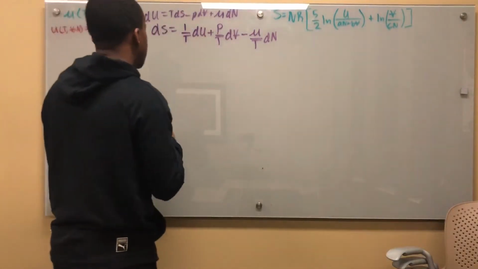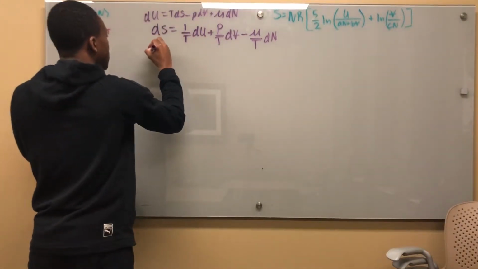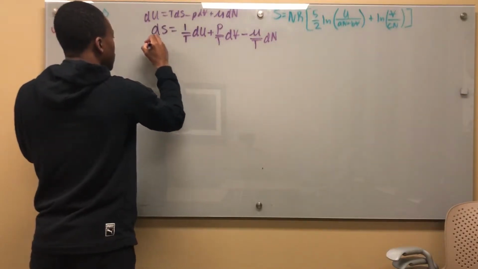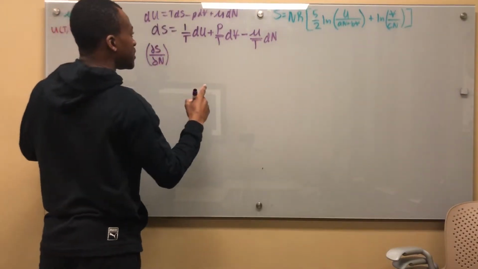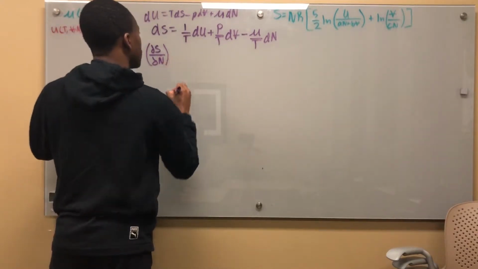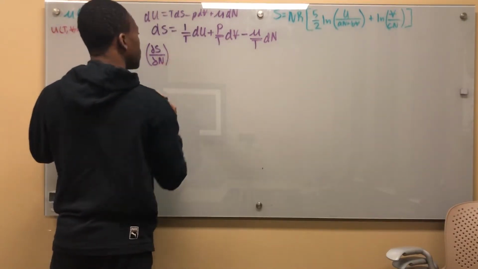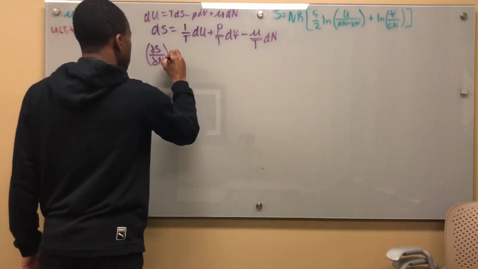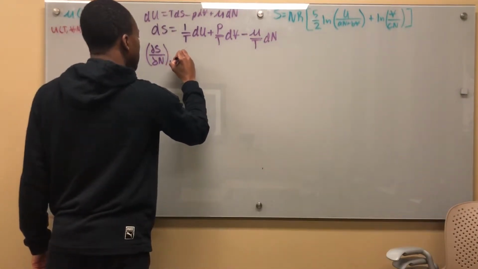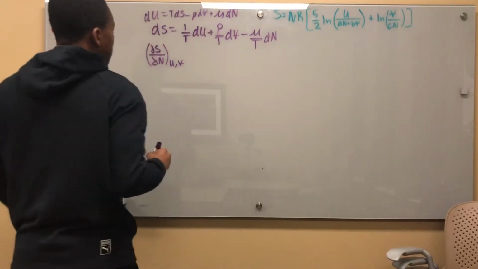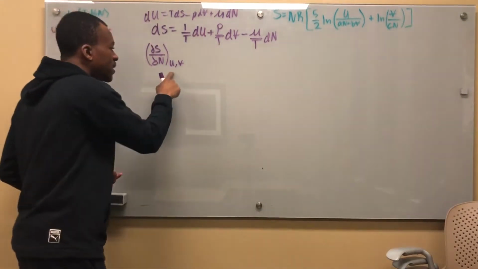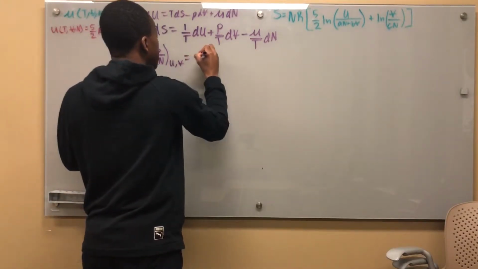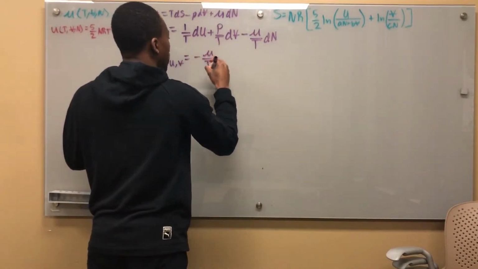So I'm gonna go ahead and say that del s, del n at constant u and v. Now I'm already seeing a problem here, right? This u, okay, here, that is equal to negative mu over t, right?